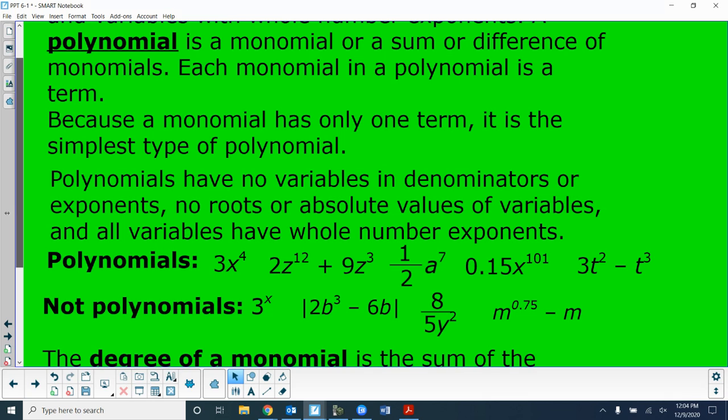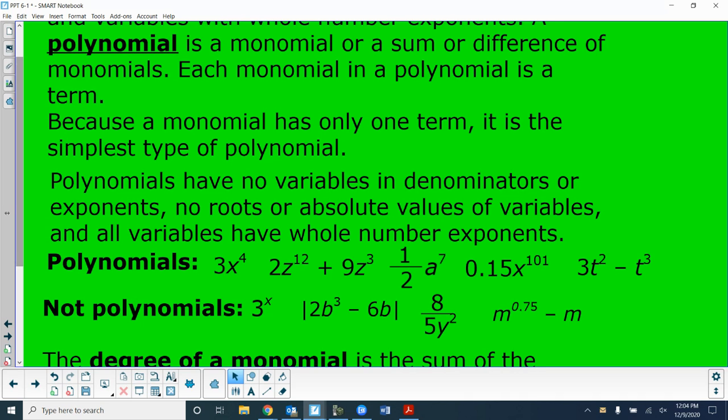We'll get to stuff like this, might even be next chapter, chapter 7, I think. If x is an exponent, it's not a polynomial, yes. If a variable is in the denominator, it's not a polynomial.